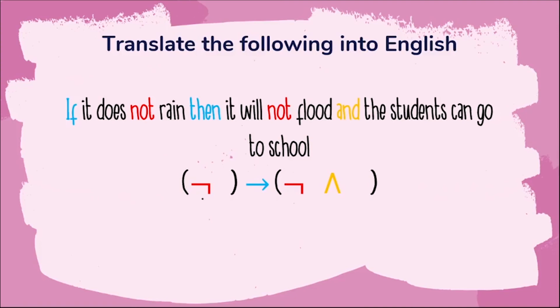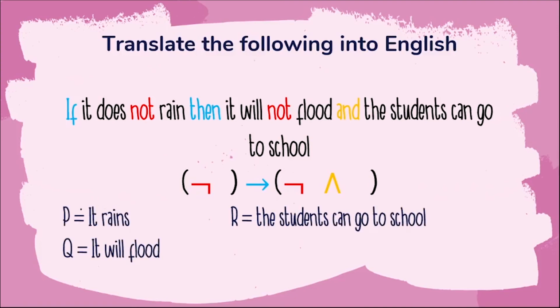So, we can say that P equals it rains, Q equals it will flood, and R equals the students can go to school.